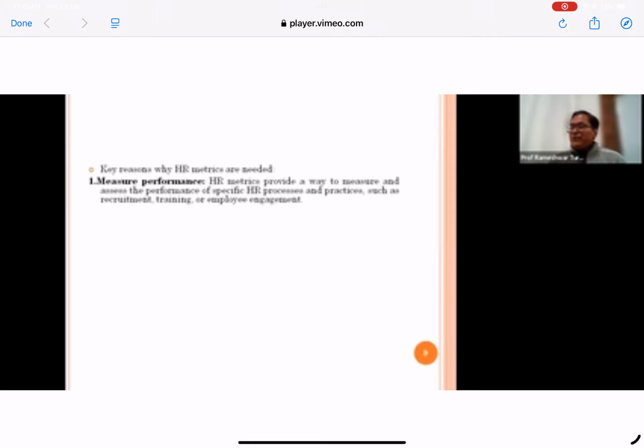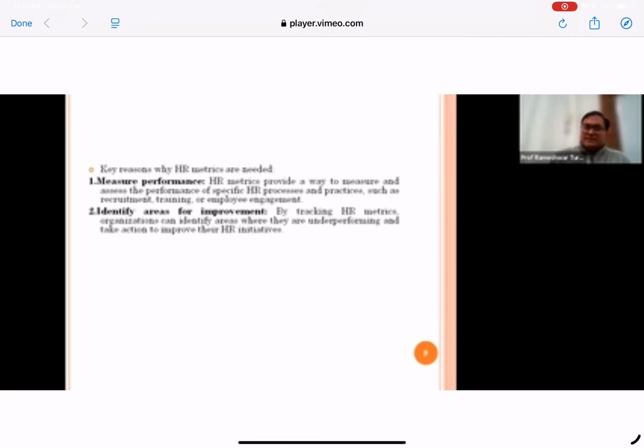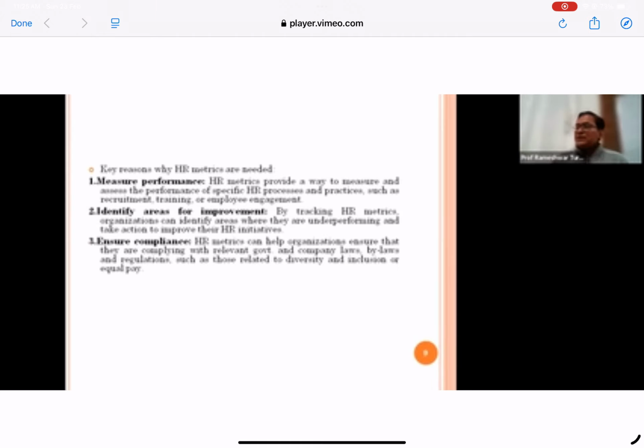HR metrics provide a way to measure and assess the performance of specific HR processes and practices, such as L&D, recruitment, engagement. It helps us to identify areas of improvement. By tracking HR metrics, organizations can identify where they are underperforming and take actions to improve that. It also helps us to ensure compliance.